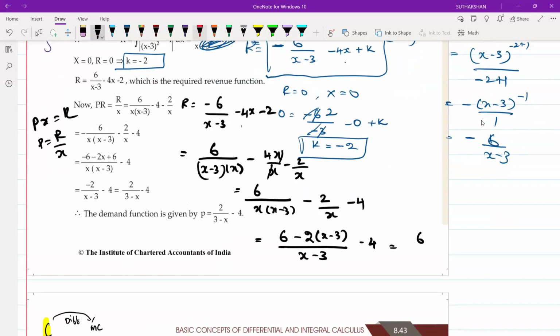Minus into minus gives plus 6. Both values are plus, right? Plus 6 and plus 6. Finally, it will become 12 minus 2x divided by (x minus 3), minus 4.